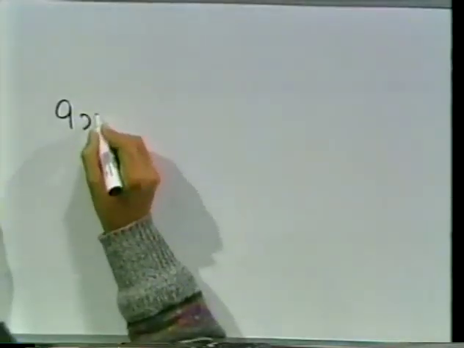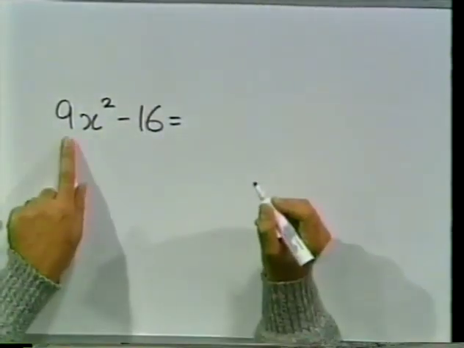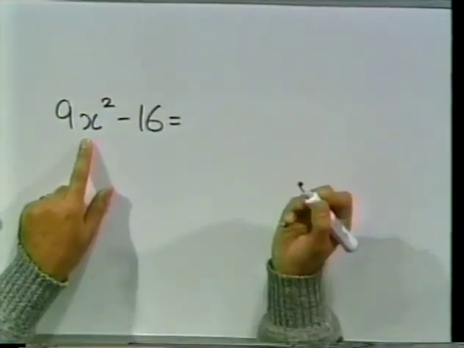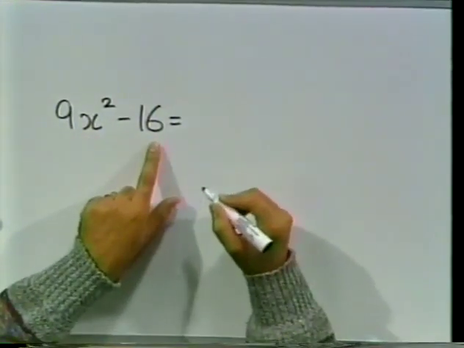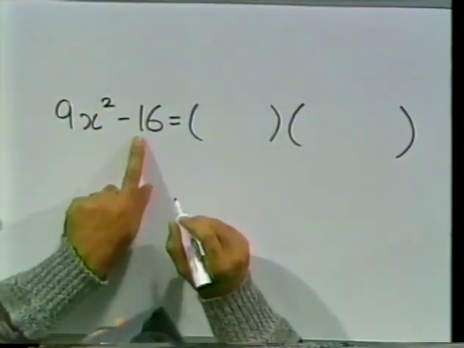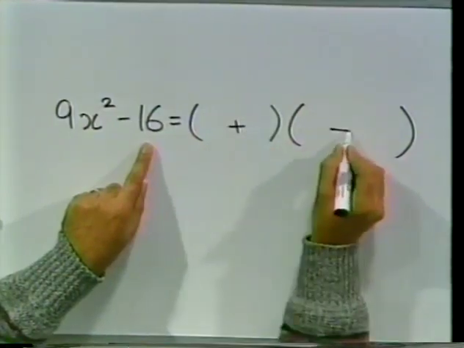Watch. Suppose I have this difference of squares to factor, 9x squared minus 16. Now, each term is a perfect square. The root of 9x squared is 3x, and the root of 16 is 4. But to obtain negative 16, there has to be a difference of signs.